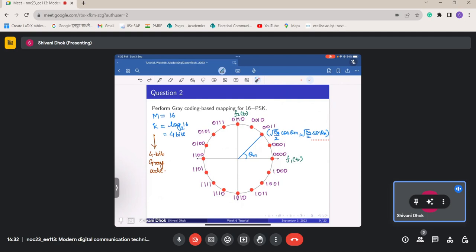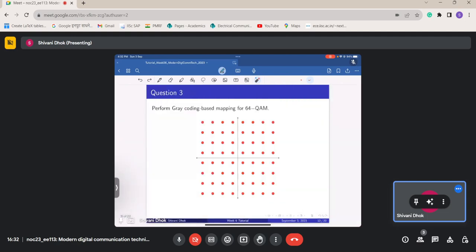Okay, if there are no questions, then let's go ahead. And the next question is, again we need to perform Gray coding based mapping, and now it is a 16 QAM. So basically I have an 8 pulse amplitude modulation for this vertical, that is quadrature component, and 8 PAM at my in phase component.